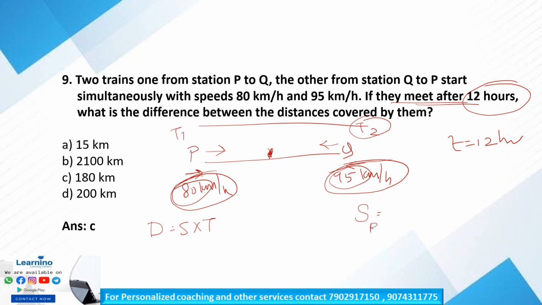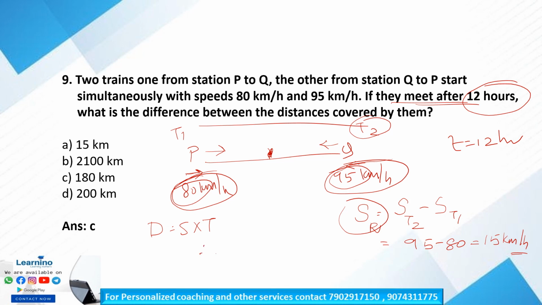So the relative speed is equal to speed of train 2 minus speed of train 1, that is 95 minus 80, which is equal to 15 kilometer per hour. They are traveling in opposite directions, so the speed should be subtracted.